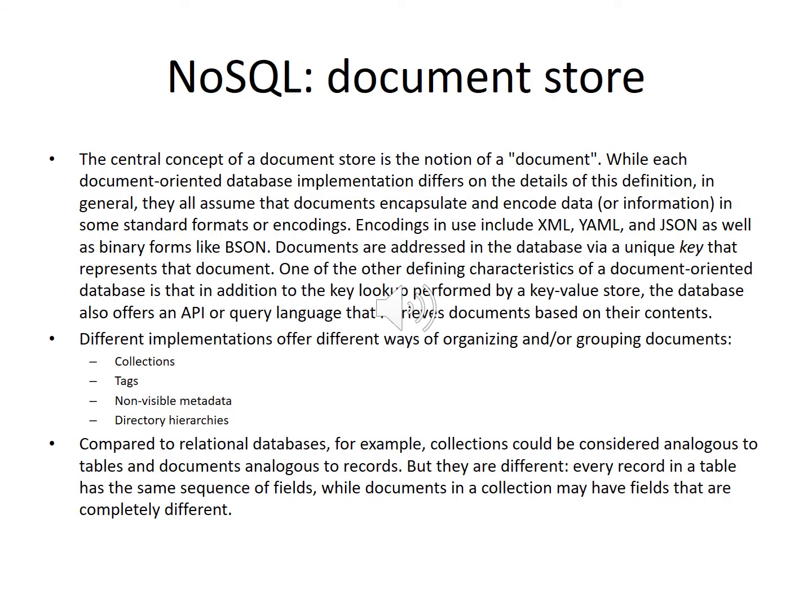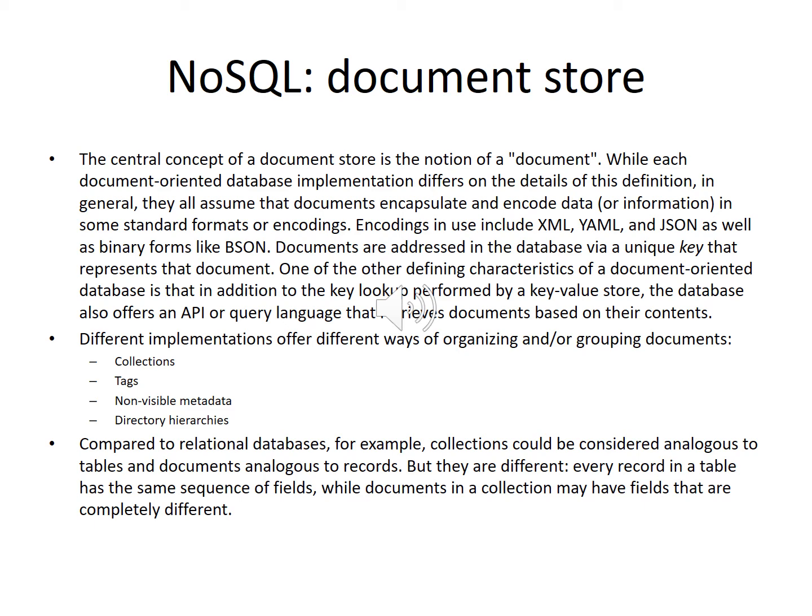The NoSQL document store database is quite popular actually, and the central concept of a document store is the notion of a document. In traditional databases, you have your schema, which defines what kind of data you can include in a table, and if you don't provide that data, it's listed as missing.